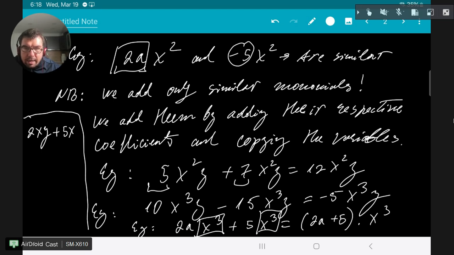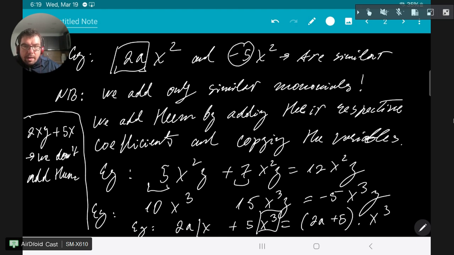They're just left like that, so we don't add them because they're not similar. But if I have 2ax to the power of 3 plus 5x to the power of 3, these two can be added because they're similar.